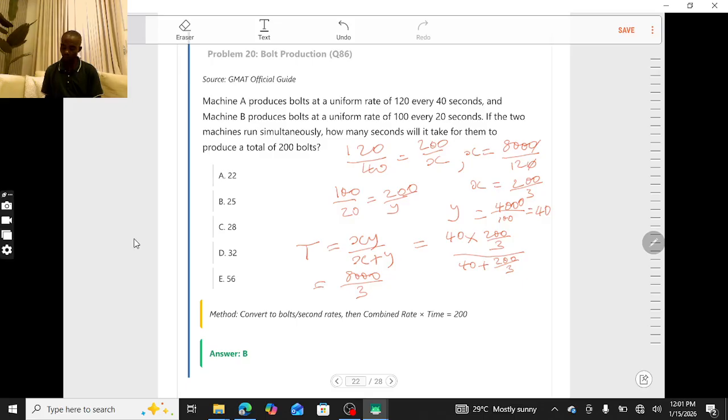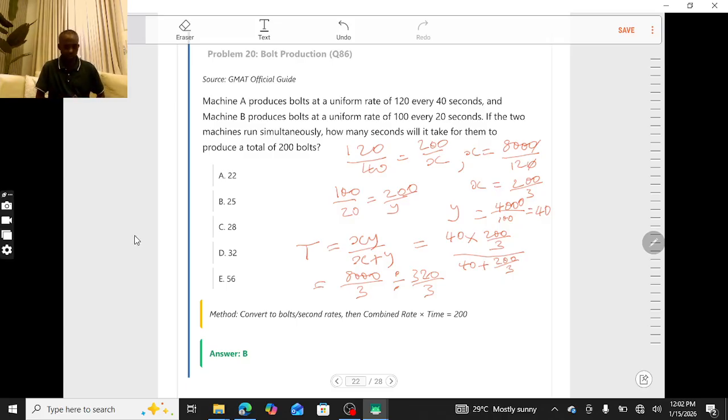For the denominator, we can convert 40 by multiplying by 3, so 40 is the same thing as 120 over 3.